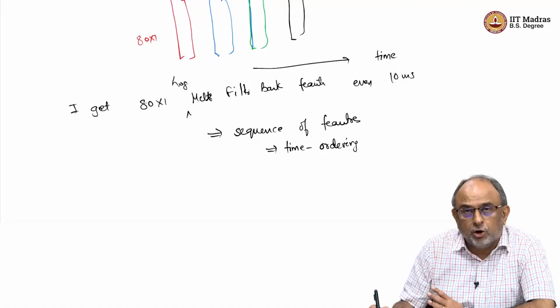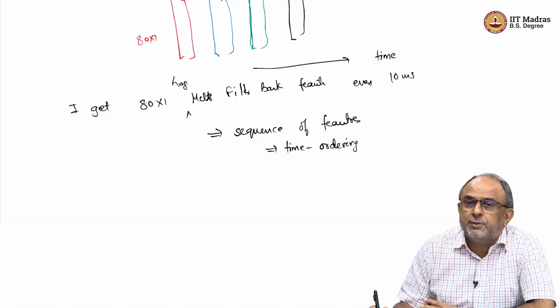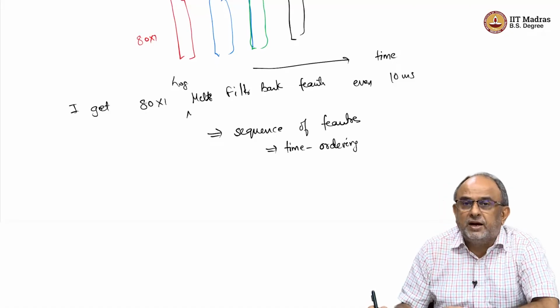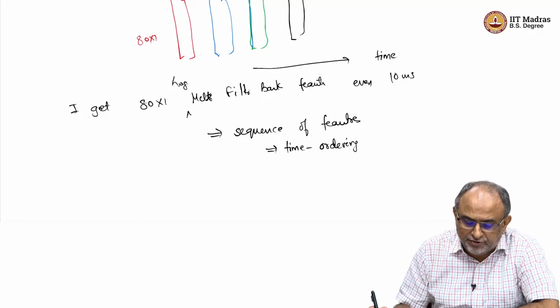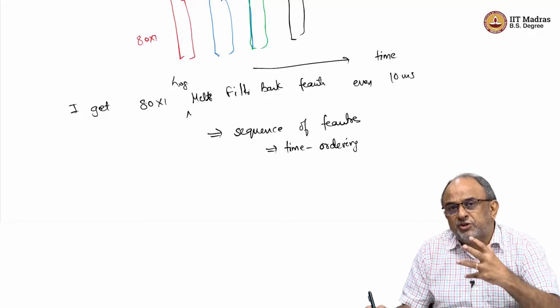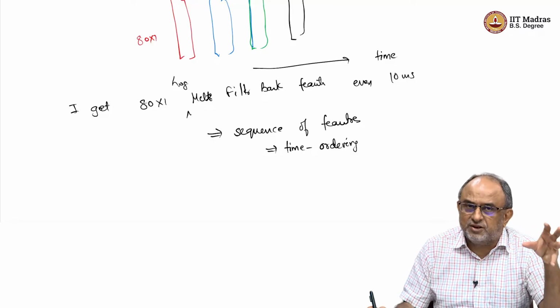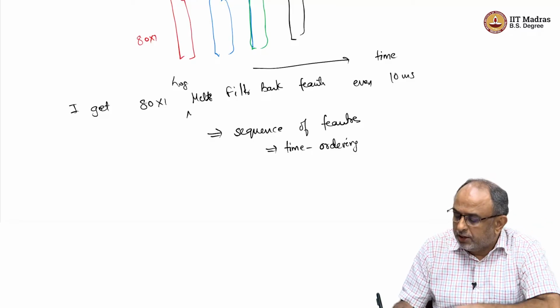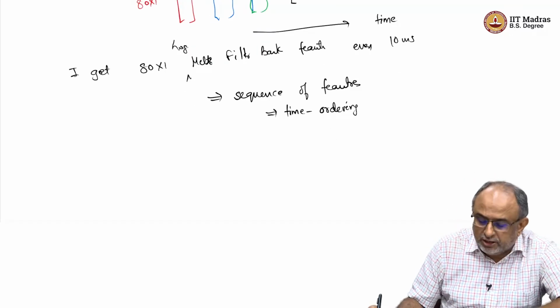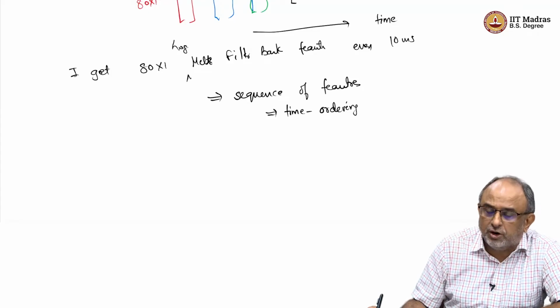This is what we normally stop at nowadays, because this is what we mean by Mel filter bank features. But if you want to use conventional statistical methods like GMM-HMM and so on, then we are interested in having decorrelated features.